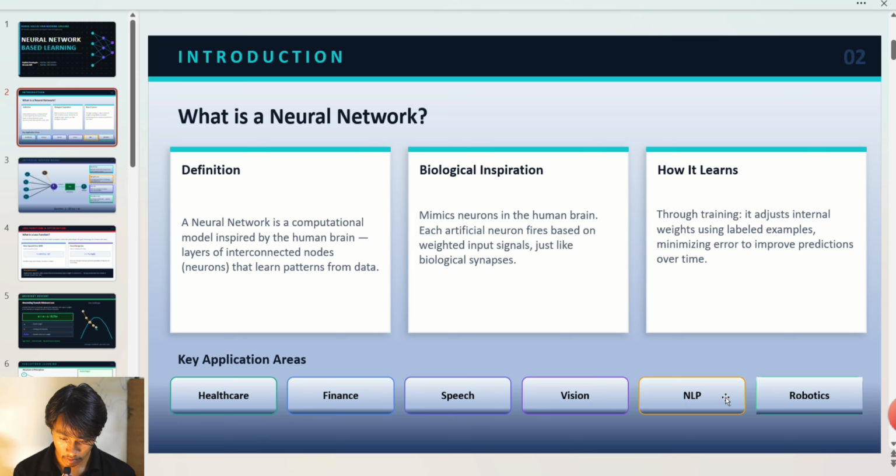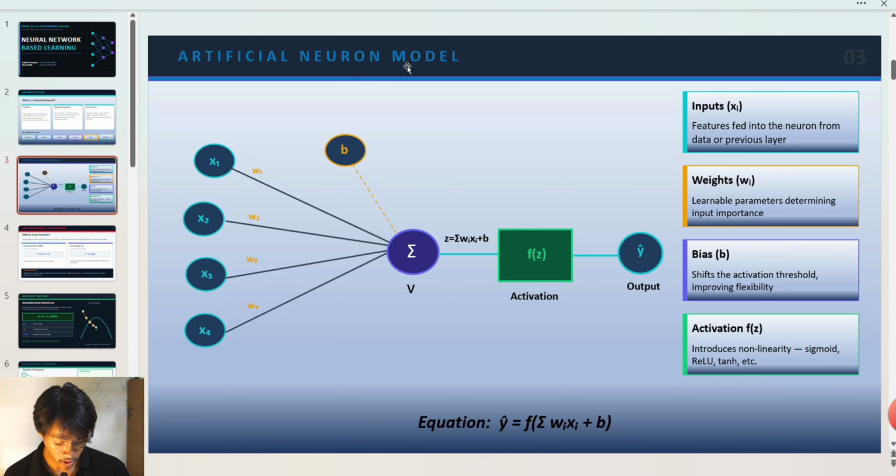So, moving to the next part, artificial neuron model. This slide shows the basic unit of a neural network called an artificial neuron. Here, x1, x2, x3, and x4 are the inputs. Each input has a weight. These weights decide how important an input is. We also add a bias term, which helps the neuron make better decisions.